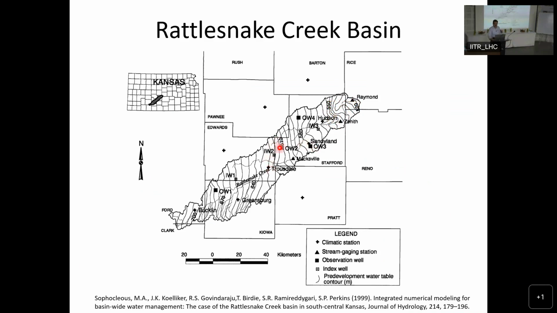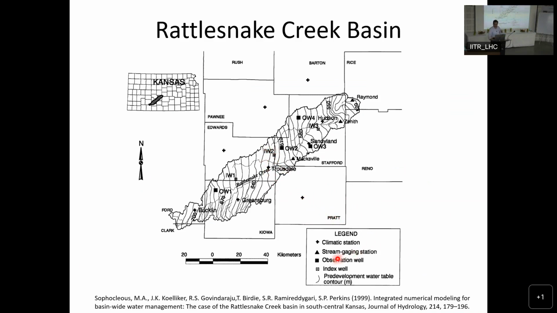These contour lines show what are called pre-development water table contours. So before all these farmers were given permission to extract water, based on all the wells that they had, we have some idea of what the contour lines for the water table heights were.